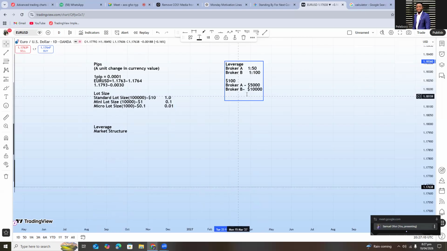How much are they going to make, depending on the brokers they are trading with? Remember, they are all trading with the standard lot, which means a pip movement is equal to $10.